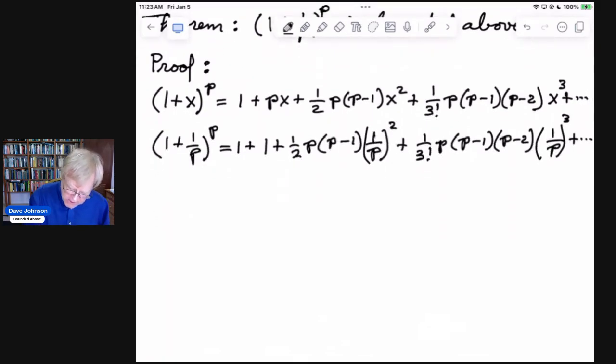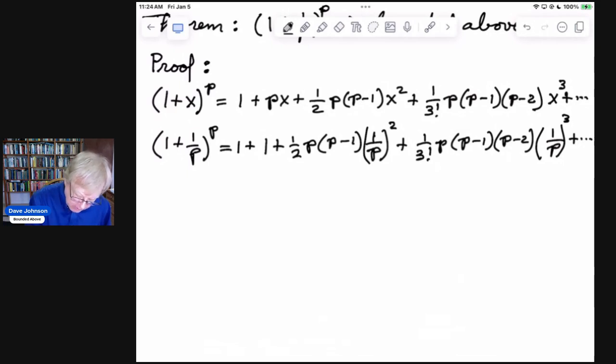And again, like in this case here, we have p factors in the denominator. So we have 1, 2, 3 factors here. And for each term, we're going to have as many factors downstairs of p as we do these factors upstairs. So I can just divide each of those factors by the p.